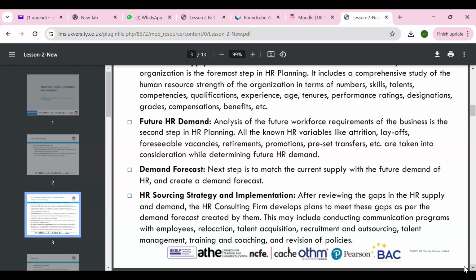Future demand analysis of the future workforce requirement of the business is the second step in HR planning. We can do demand forecasting. The next step is to match the current supply with the future demand of HR. Like we want 10% growth, we want to open more branches, so you have to forecast what the demand for staff will be, how you will fulfill it, and where the supply of staff is available.